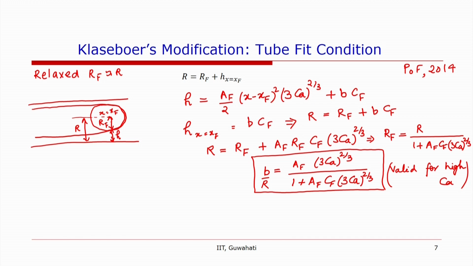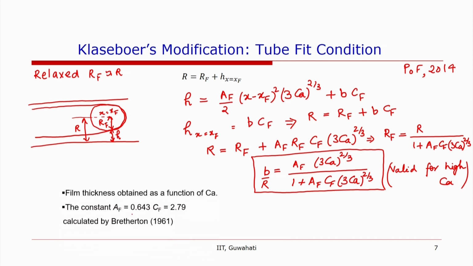Now from their analysis, the constants AF and CF were obtained by Bretherton by numerical integration, and AF was 0.643 and CF was 2.79.